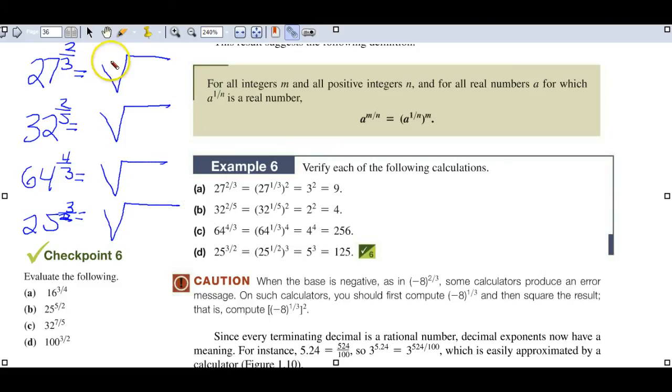Now the denominators are the index number. The base is the radicand. And these exponents now we're going to put out here.